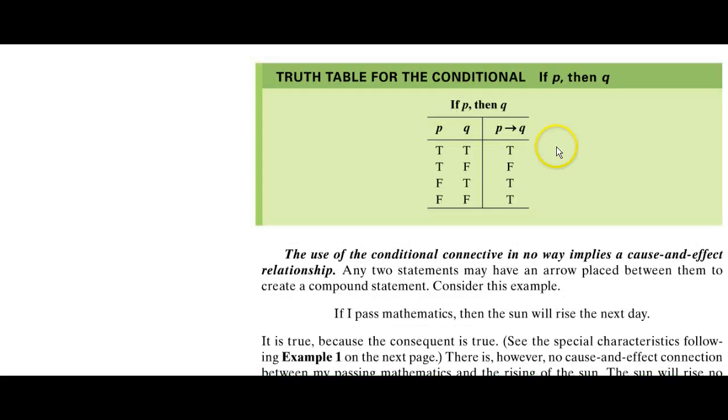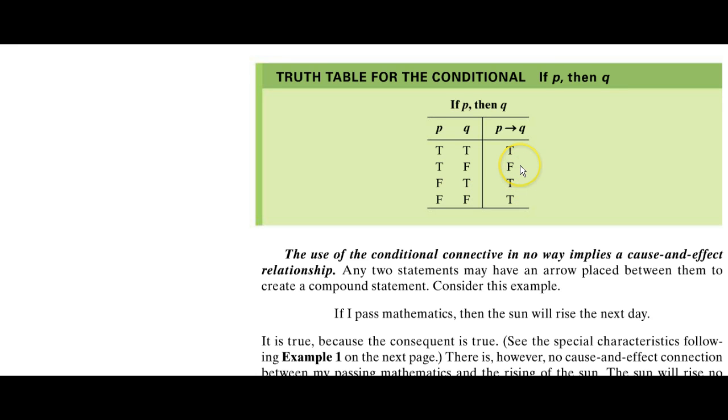So what I've done is made a little copy of this truth table for the conditional, P, then Q. So if they're both true, true. If this is true and this is false, false. If P is false, but Q is true, it's true. And if they're both false, that is true.